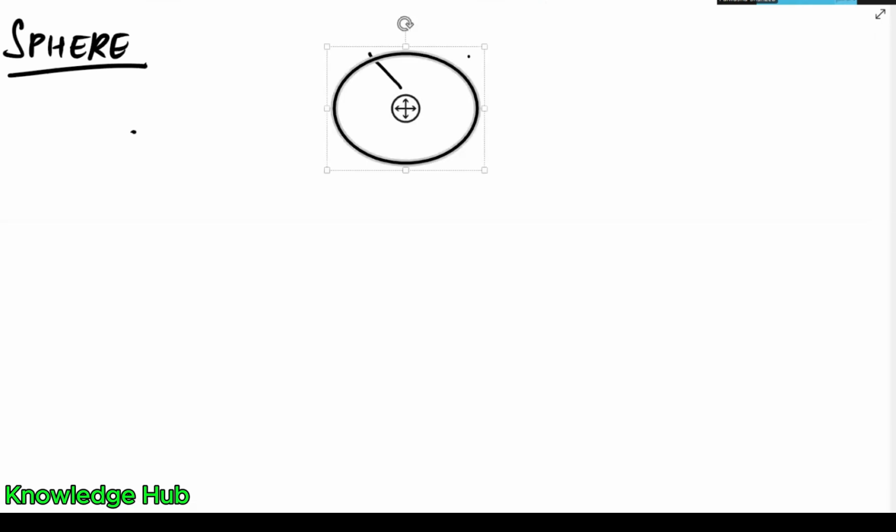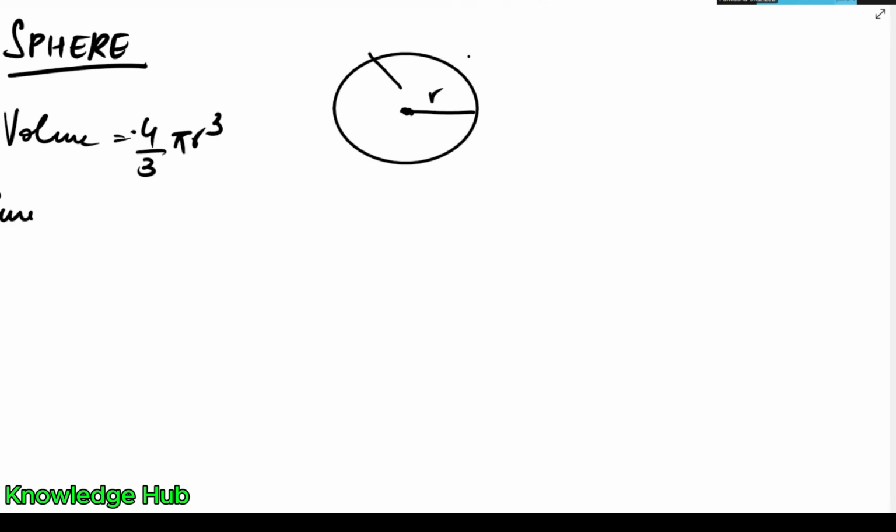Okay, so for a sphere, the formula for volume is 4 over 3 pi r cube. And the formula for the curved surface area of a sphere is 4 pi r square. Okay? It is 4 pi r square.